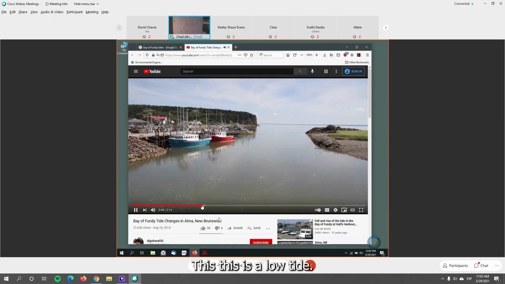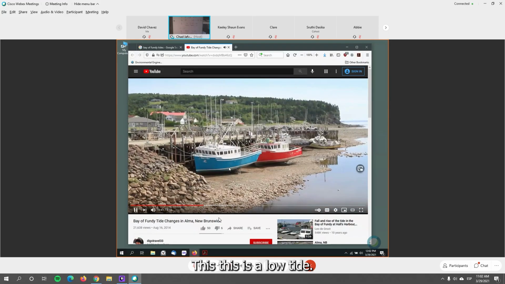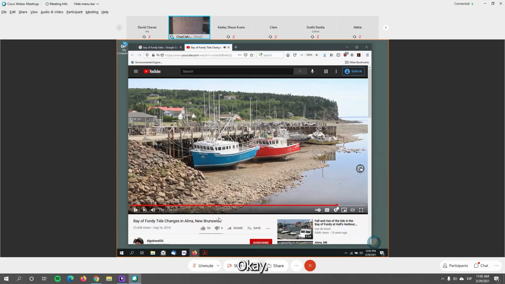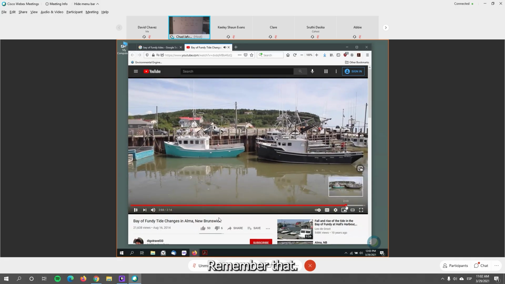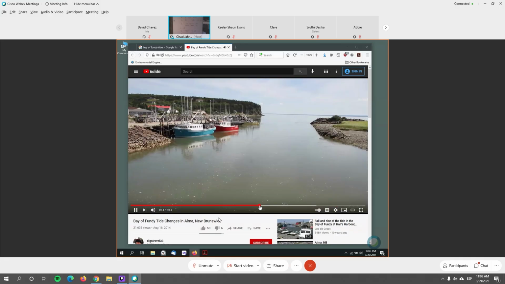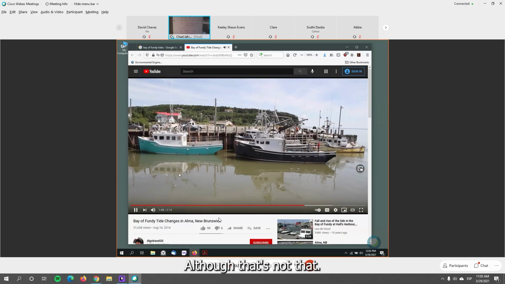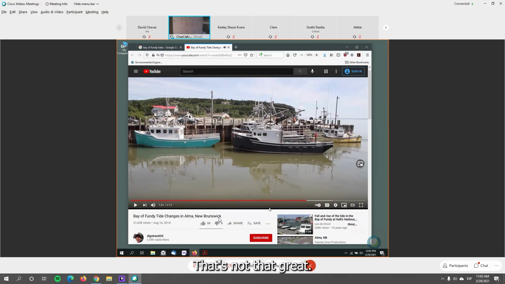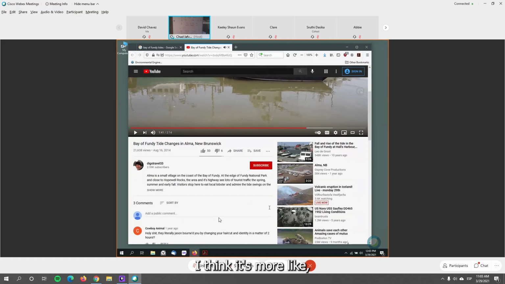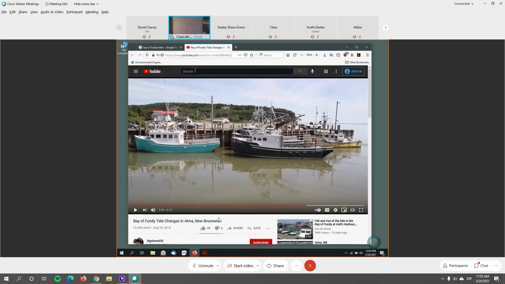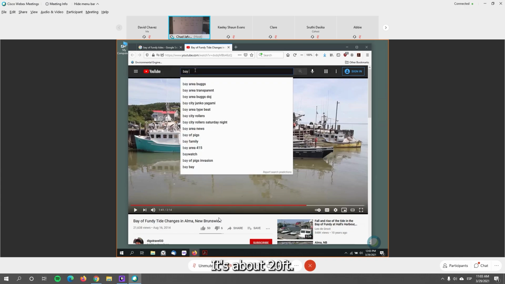So this is a low tide. Okay, remember, this is at high tide. Although that's not that great. I think it's more like during part of the season, it's about 20 feet.